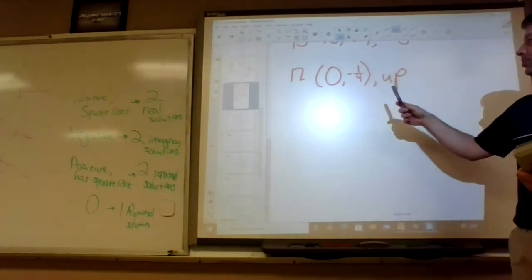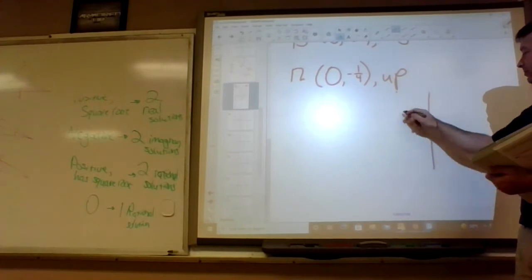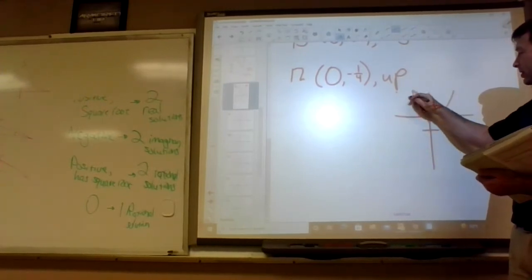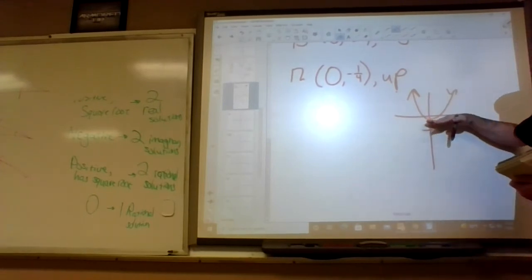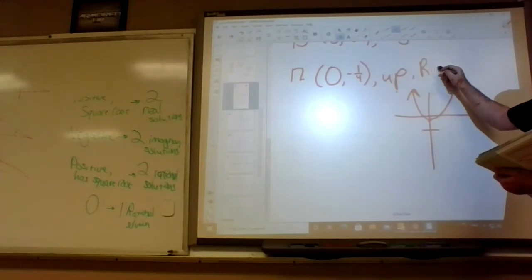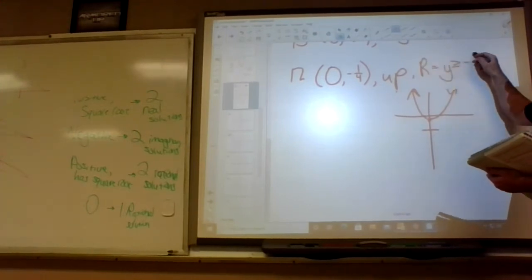Okay, the lowest point, if it's opening up, starting from 0, -1/4, so it's like right there, but it's opening up, the y values can go from -1/4 up. So the range is greater than or equal to -1/4.